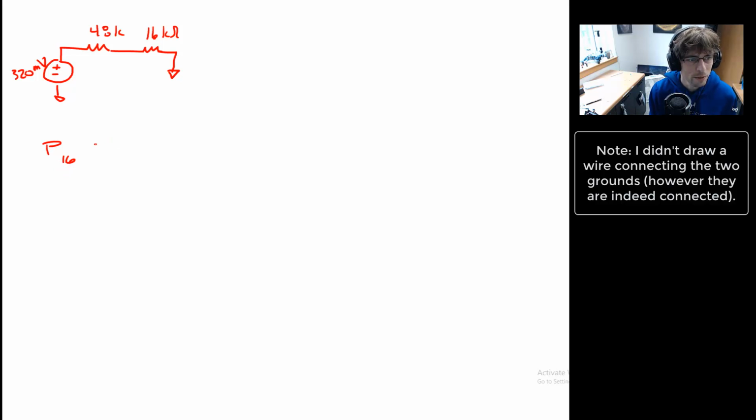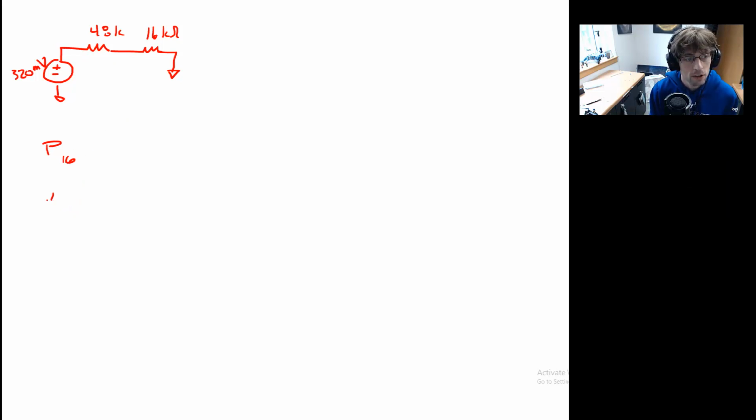Hopefully you see where we're going to go. Well, here we have two resistors in series. And so what we can do is find the current. That's simply given by the potential divided by the sum of the two resistors. And so if we want the power for the 16 kilo ohm resistor, we need the current squared times the resistance.